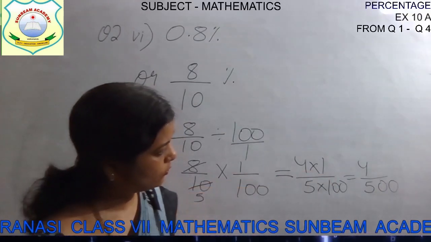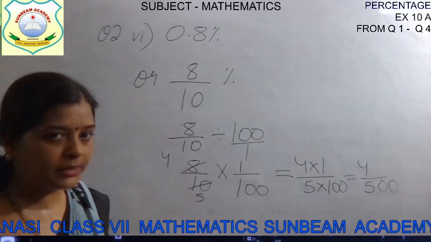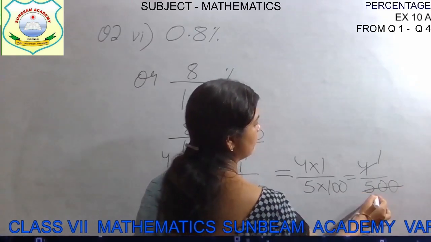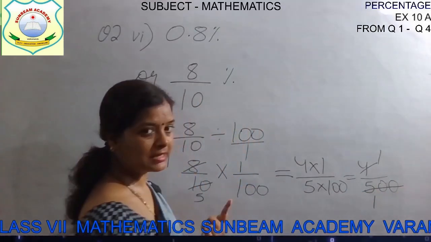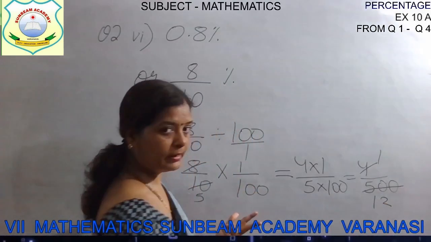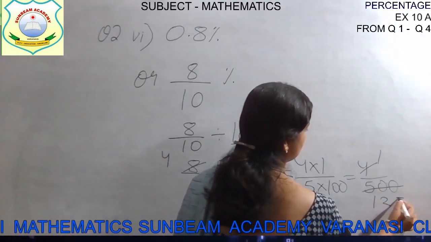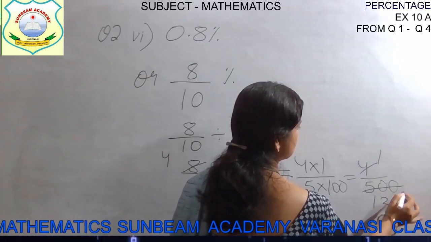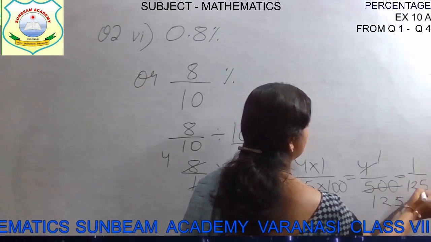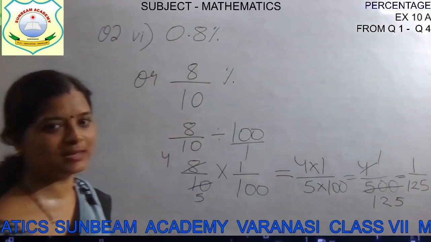Yes, it can be divided by 4. 4 ones are 4. Then 4 twos are 8, and 4 fives are 20. So what will be the answer? The answer will be 1 upon 125. This is the simplest answer.